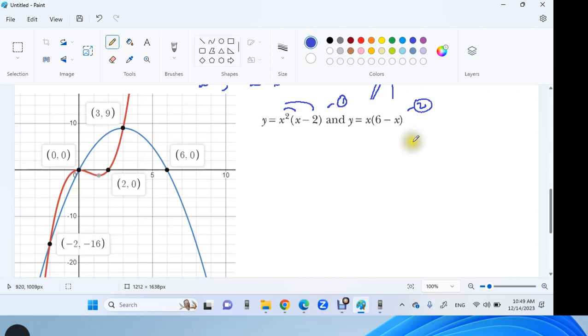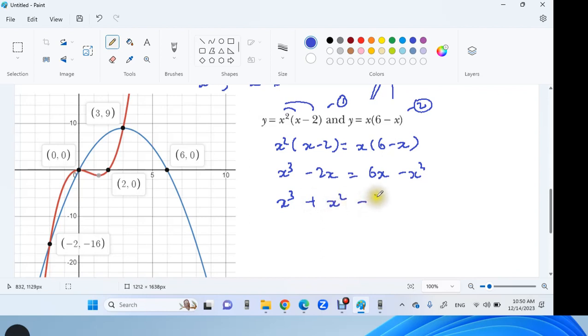We just do the substitution. So we have x squared times (x minus 2) equal to x(6 minus x). So we have x cubed minus 2x squared equal to 6x minus x squared. So we have x cubed plus x squared minus 8x equal to 0.